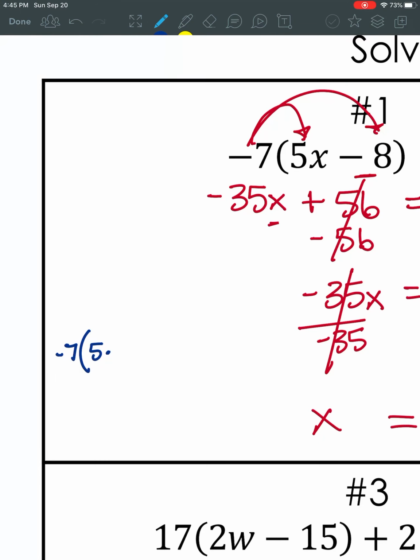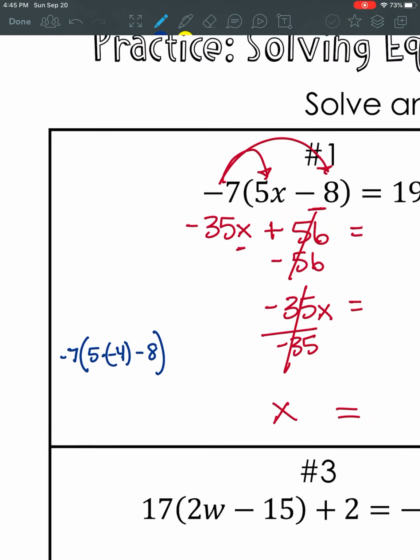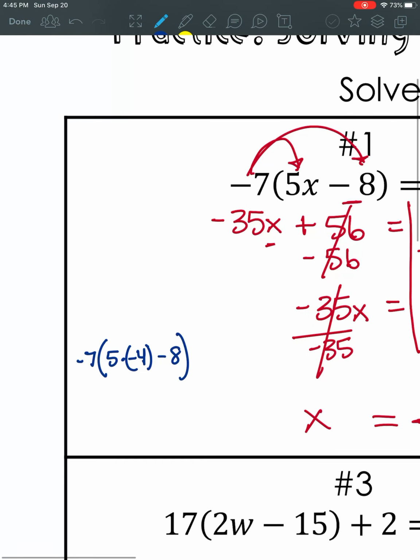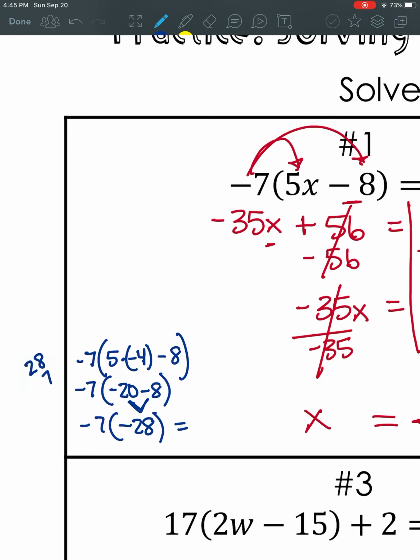Okay? And we could check our work. Negative 7 times 5 times, oops, I apologize, times negative 4 minus 8, and we're trying to see if that equals our 196. So 5 times negative 4, we get negative 20 minus 8 inside the parentheses. Negative 20 minus 8 is negative 28.